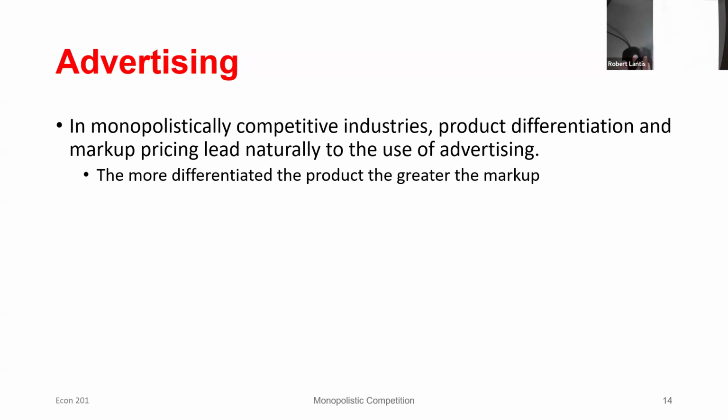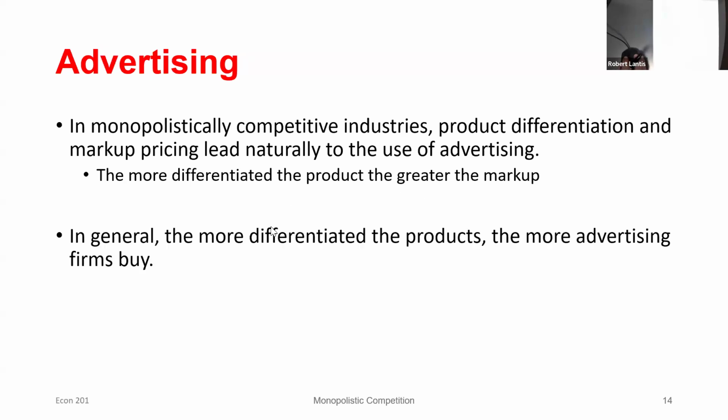Even if it is the same product, I can convince consumers my bottled water is way better than everybody else's. In practice, it's probably all the same. I could probably bottle tap water and sell it for the same price as Aquafina or whatever it is. If I can convince people that my product is more differentiated, I'll be able to get a larger markup, and we'll see what this looks like in a second.